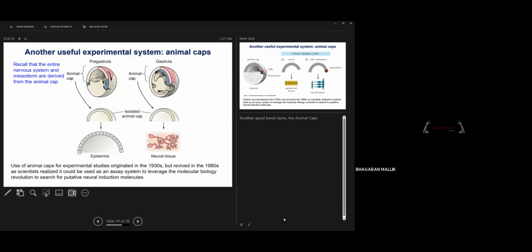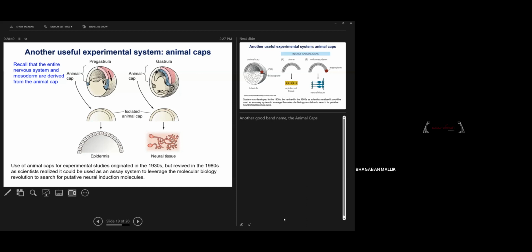Another useful experiment they have done concerns different stages of development. You have formation of the zygote, then a cell mass, and that cell mass develops into a gastrula. This is the pre-gastrula stage. There is a specific structure in the pre-gastrula called the animal cap.